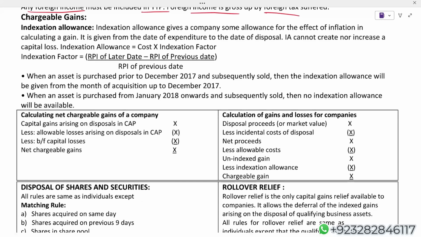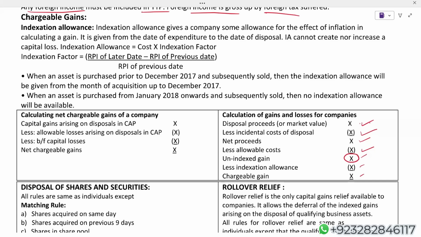Okay. Look at the format: disposal proceeds less incidental cost of disposal, net proceeds, allowable cost, unindexed gain, indexation allowance, chargeable gain. You just need to know one thing: indexation allowance cannot create a loss, and it cannot increase a loss. For example, look at this unindexed gain.